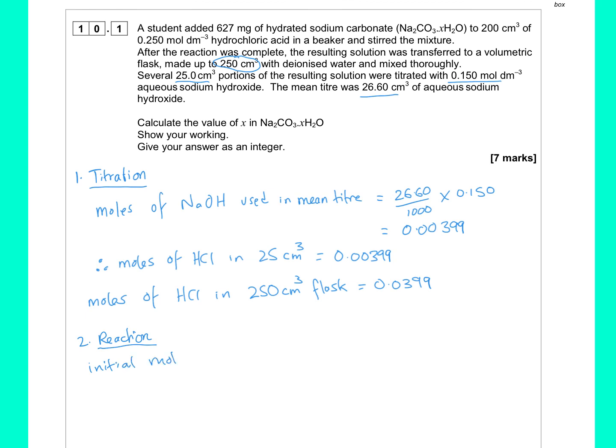So our initial moles of hydrochloric acid, so we had 200 centimetres cubed of 0.25 molar in a beaker. So 200 over 1,000, 0.2 times 0.25 is going to give us how many moles of hydrochloric acid we had at the start.